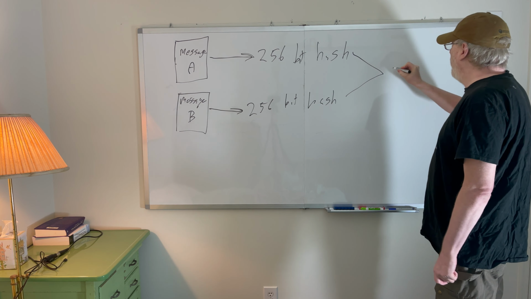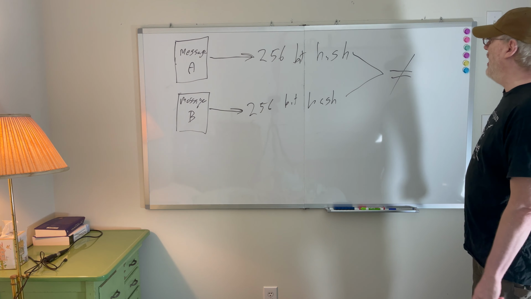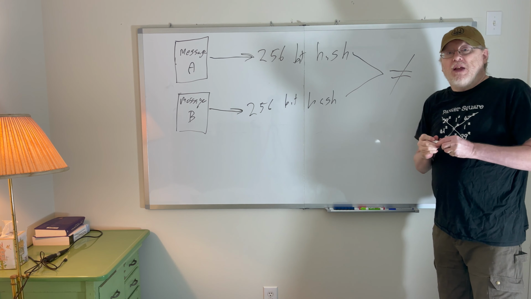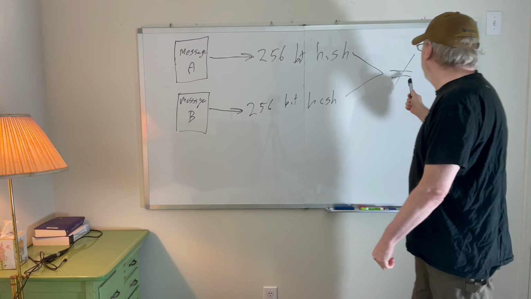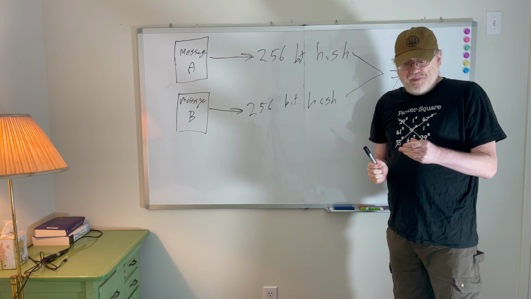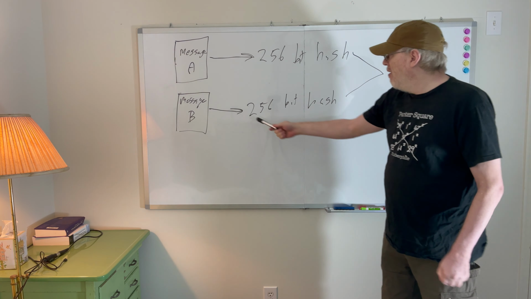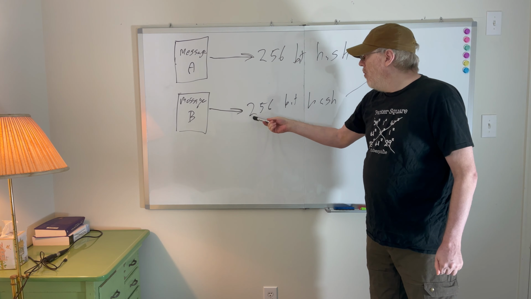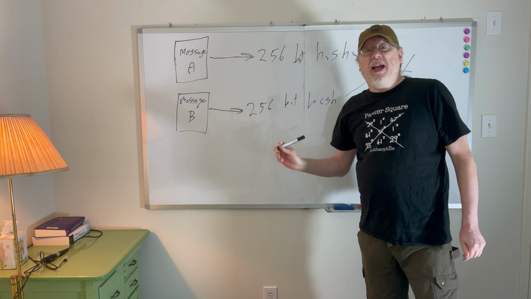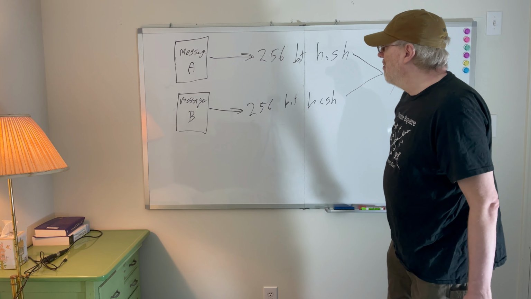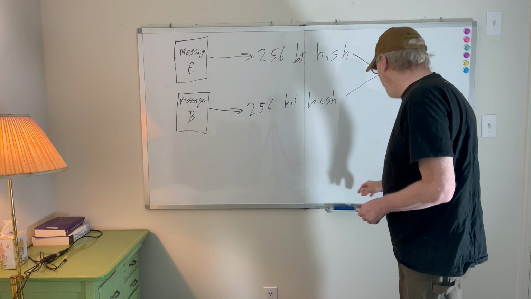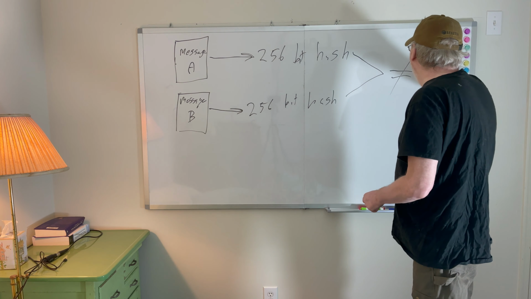These hashes will not be equal to each other, almost certainly. If you can find two messages that come to the same hash, it's estimated to be somewhere in the order of 2 to the 128 operations using a birthday attack, meaning you would have to just randomly do messages and hash them and see if they collide. I think that math is right. I actually suck at math.